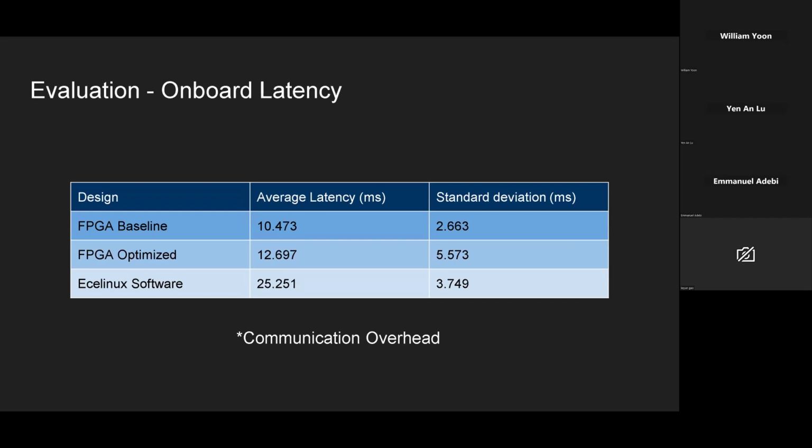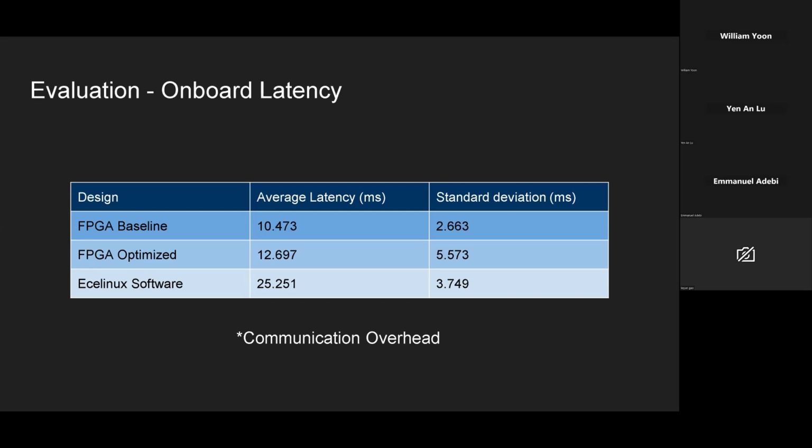When evaluating the onboard latency, we saw for the baseline FPGA design, there was an average latency of 10.473 milliseconds with a standard deviation of around 2.6 milliseconds. And for the FPGA optimized design, we had 12.697 milliseconds with a standard deviation of 5.573. And for the ECE software, we ended up getting around 25.25 milliseconds with a standard deviation of around 3.749 milliseconds.